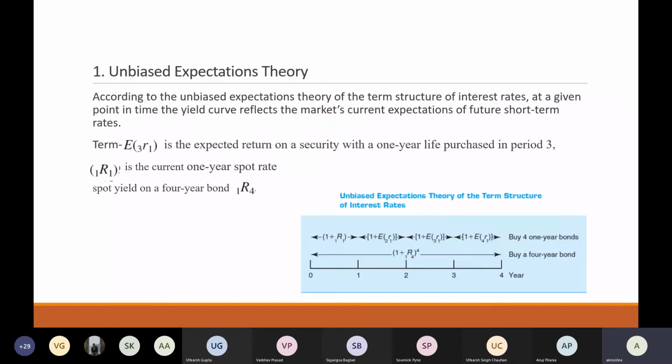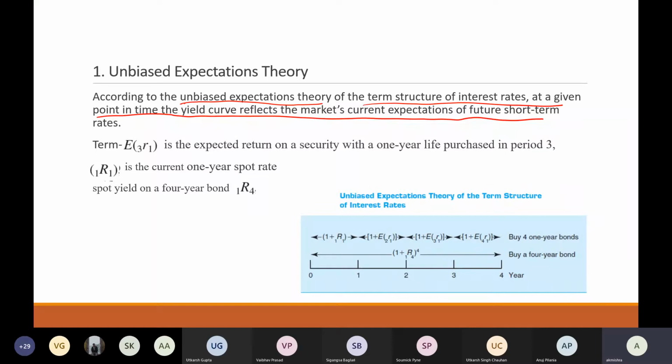We will start with the unbiased expectation theory, and more or less it is related to the rationality theory of investors. This theory suggests that the term structure of interest rates at a given point of time, the yield curve, reflects the market's current expectation of future short-term rates.